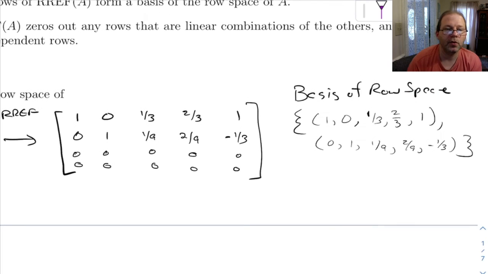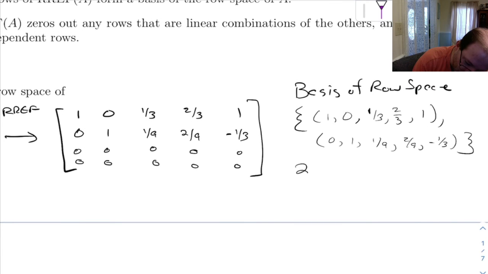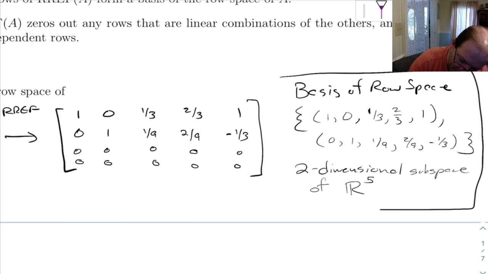All right. So what this is, it's a two-dimensional subspace of R5, I believe. 1, 2, 3, 4, 5, yeah. So that's the basis of the row space.